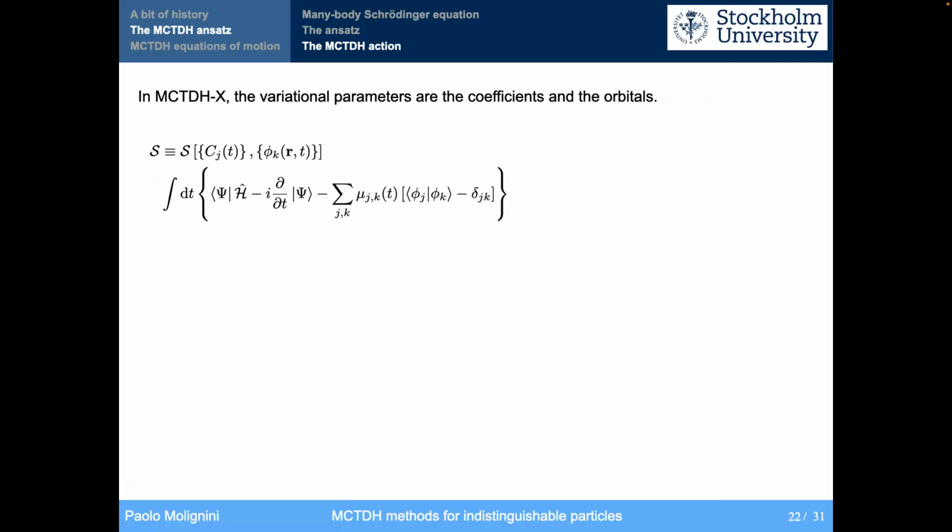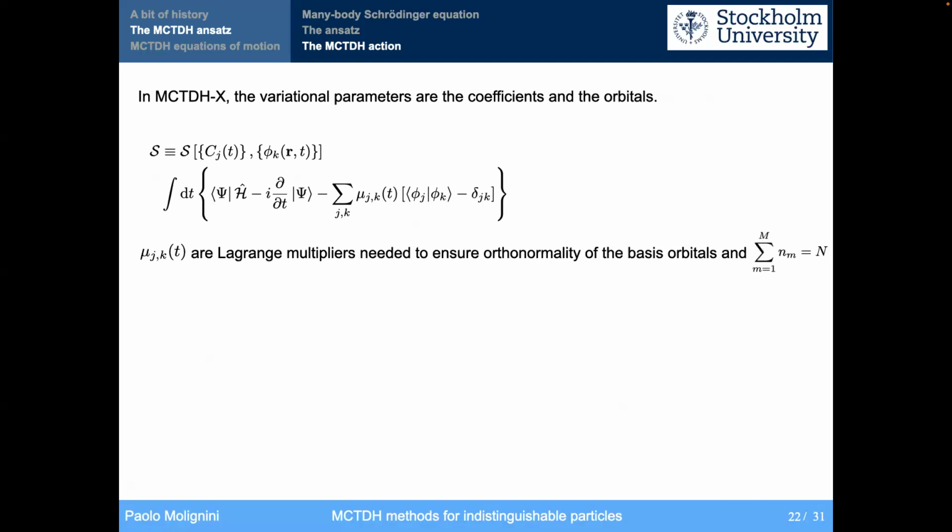Okay, so this is the action that we construct by doing the Legendre transformation from the Hamiltonian. You note also that you have here Lagrange multipliers, this mu jk.